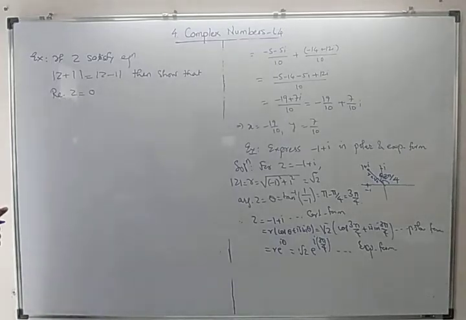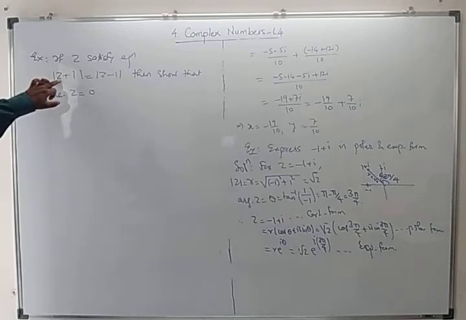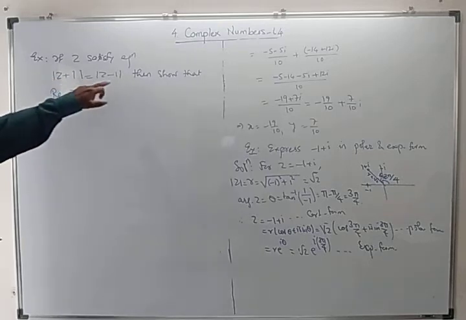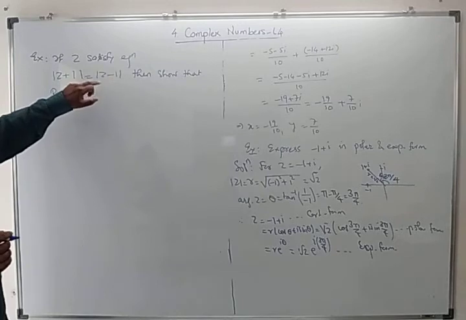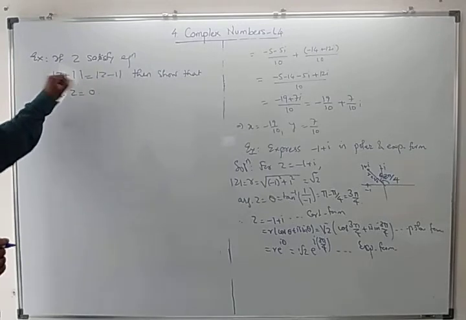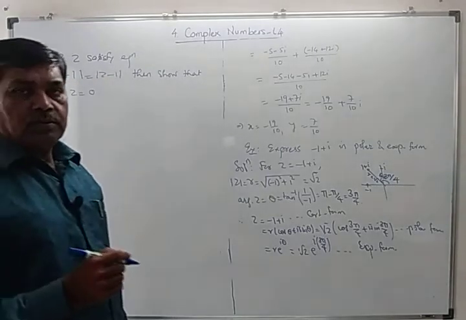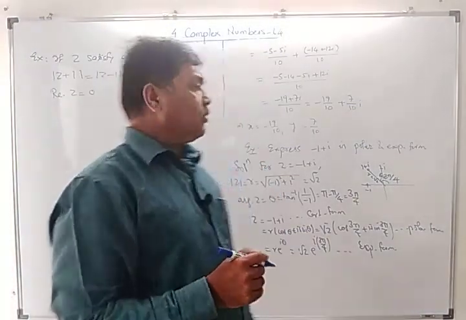If you observe diagrammatically, it is the set of those complex numbers Z whose distances from 1 and -1 are equal.